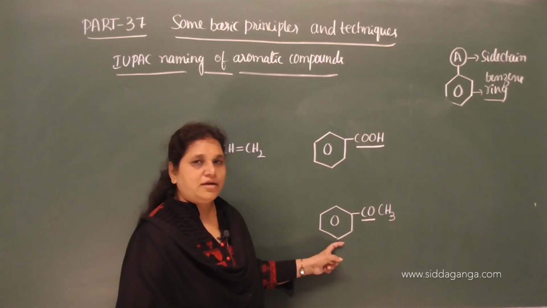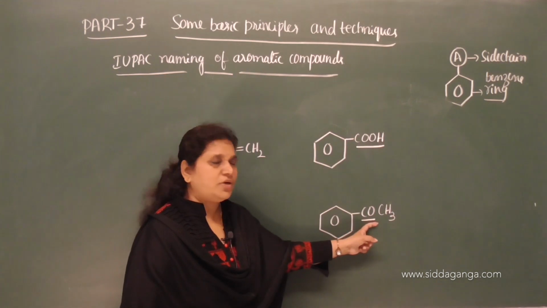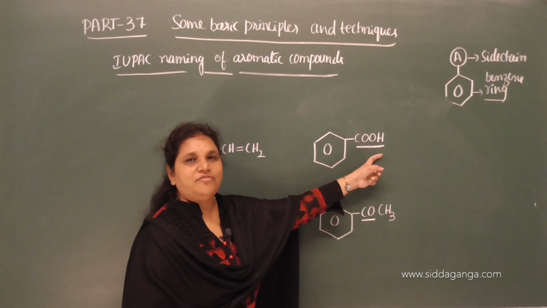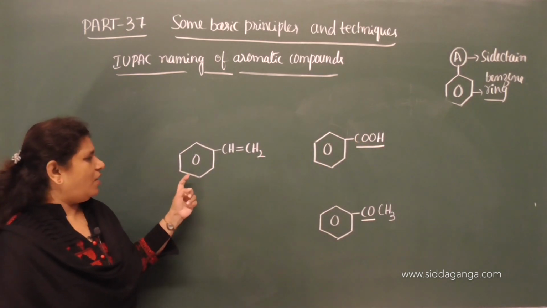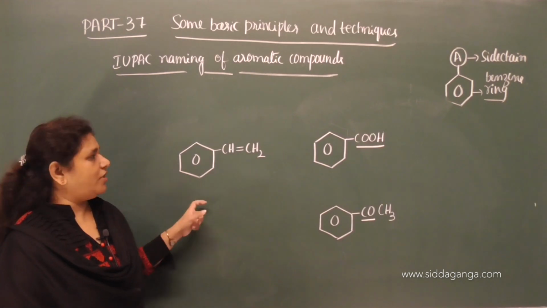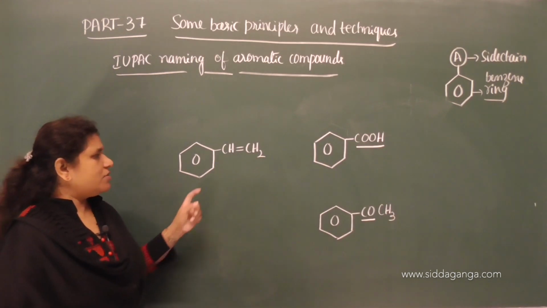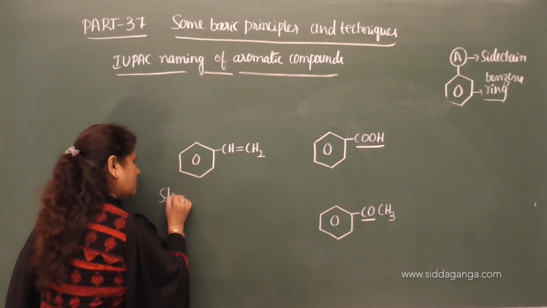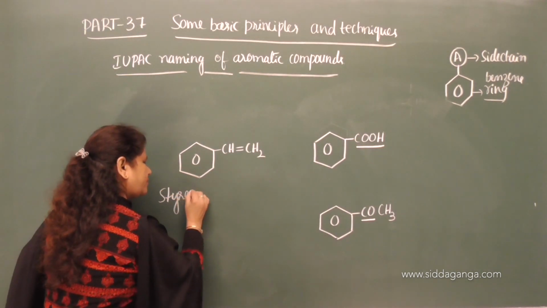So, it is a benzene ring or aryl substituted aliphatic compound. Aryl substituted aliphatic compound. Here also, aryl substituted alkane. Like that you have to give the name. Okay. Now, what is the name for this? The common name for this is styrene.